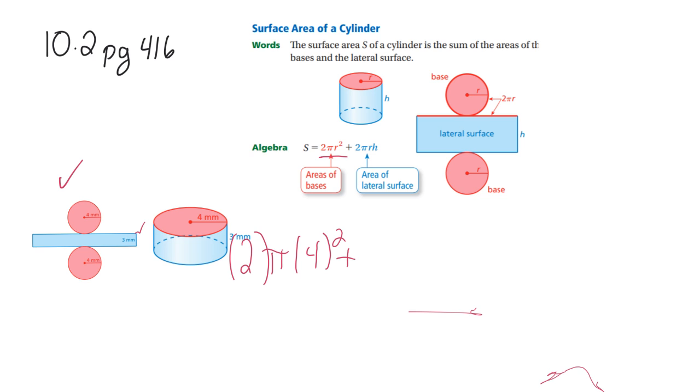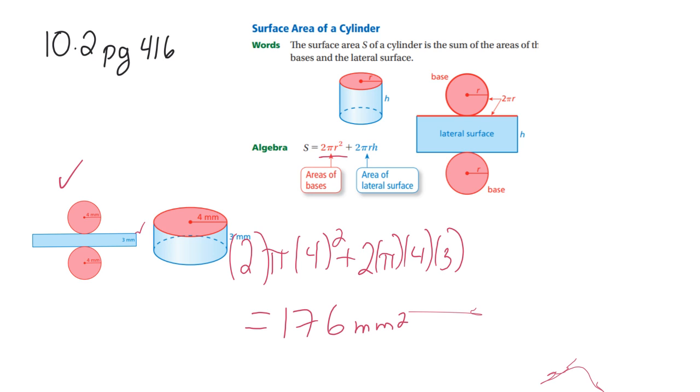So 2 times pi times the radius, which is 4, times the height, which is 3. Now let's multiply those up, and we would end up with 176 as our answer. But remember, since this is area, it's millimeters squared.